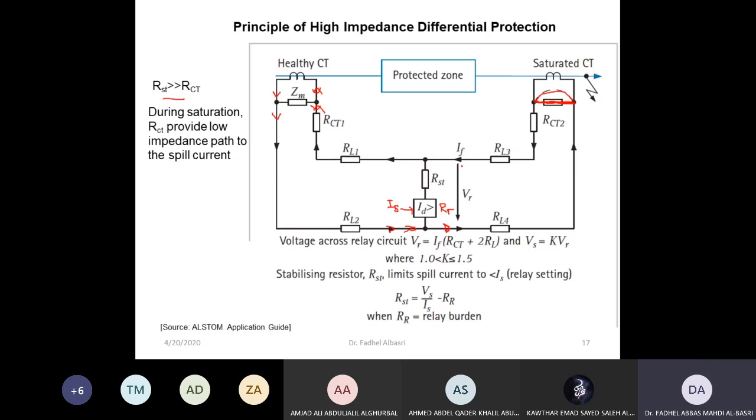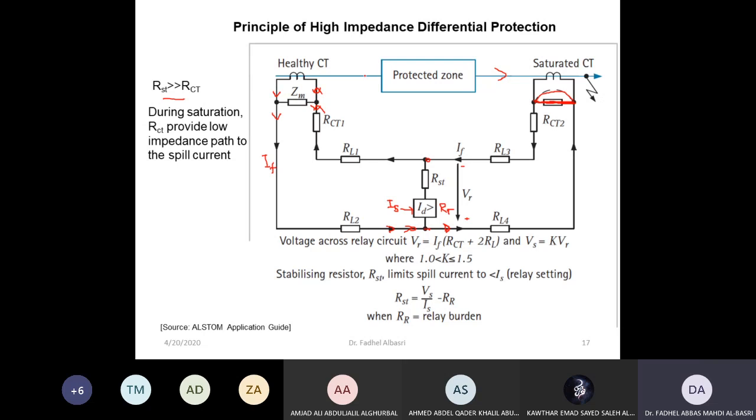As a result, I'll be able to find the voltage between these 2 points. So what is the voltage VR? It is the voltage between this point and this point, equal to roughly this current times the sum of the resistance RCT plus RL. So VR is equal to the fault current. Now this is the fault current referred to the secondary side, right?